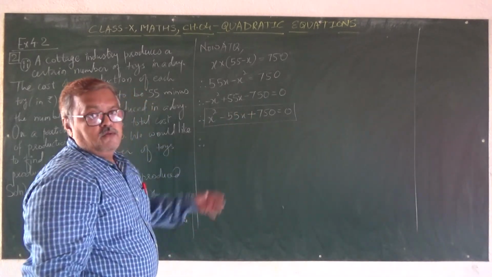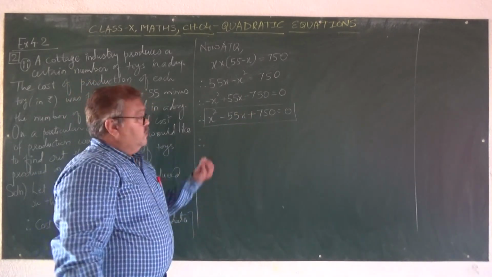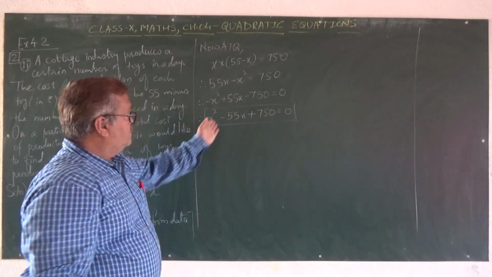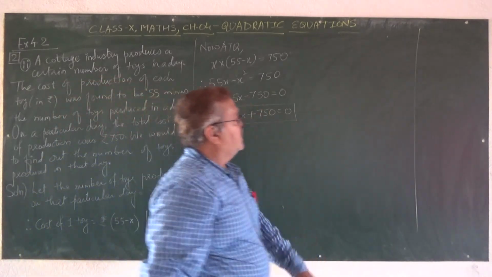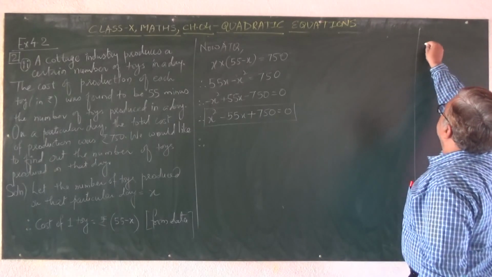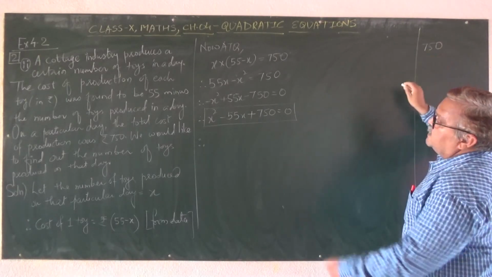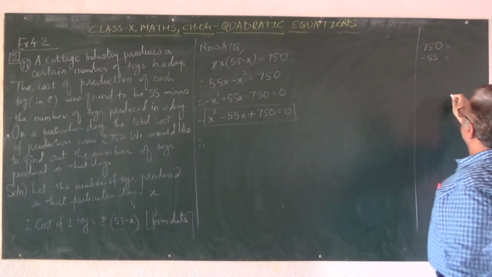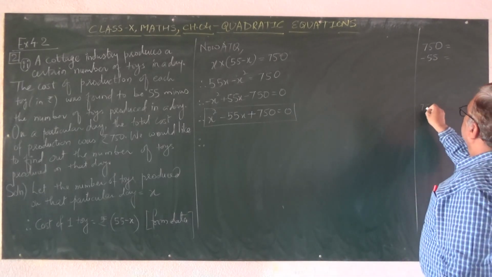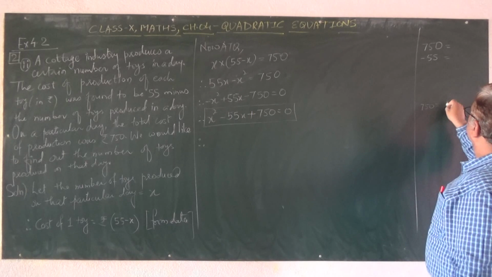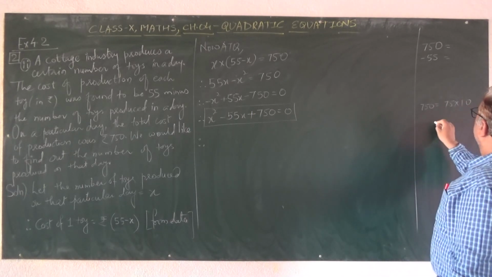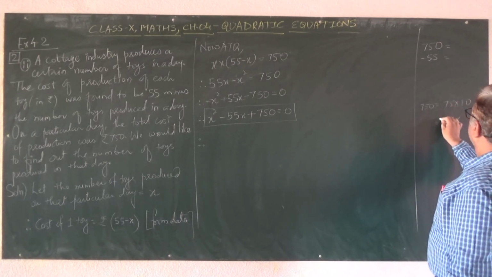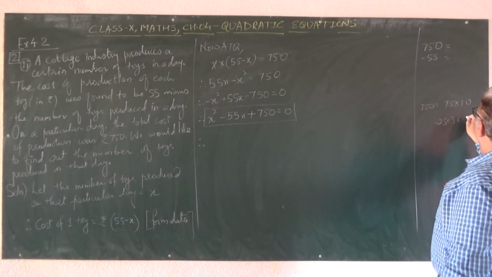Now so far you know one method, that is by splitting the middle term. Find out two numbers whose product is 750 and whose sum is minus 55. Okay. So let us use rough work. 750 के factors निकालो. 75 times 25 3s are 75, 25 3s are 75 and 5 2s are 10.